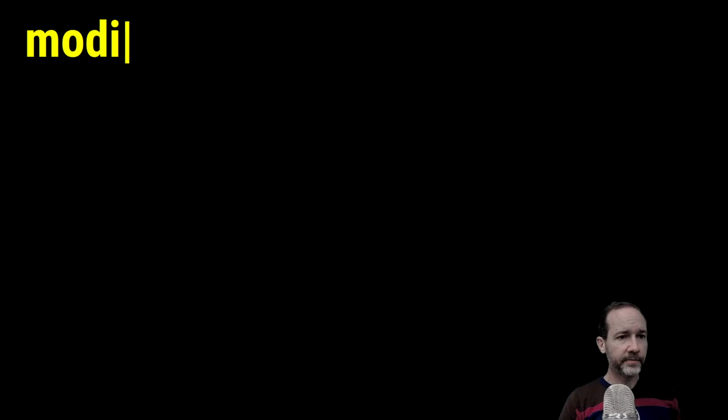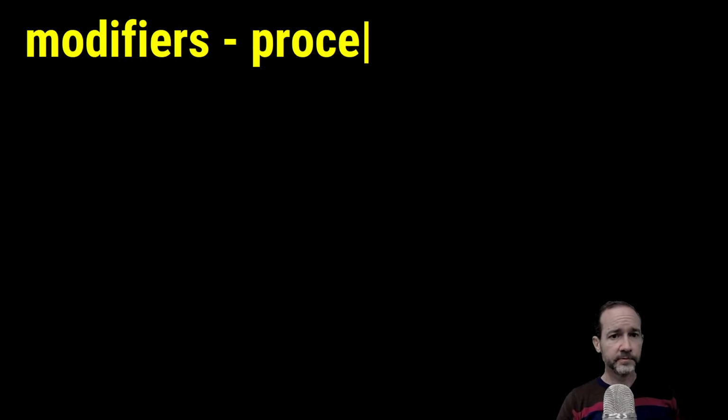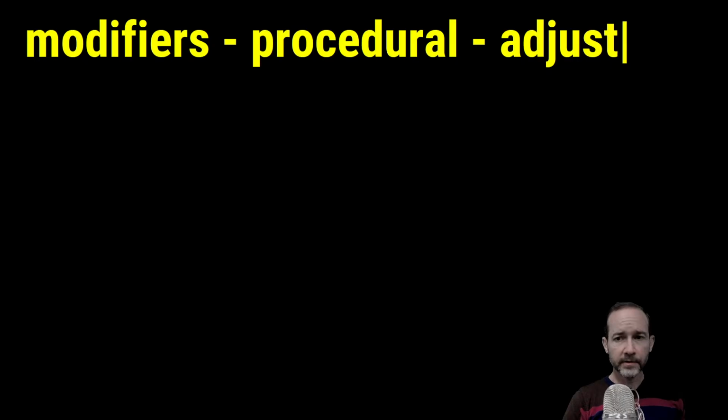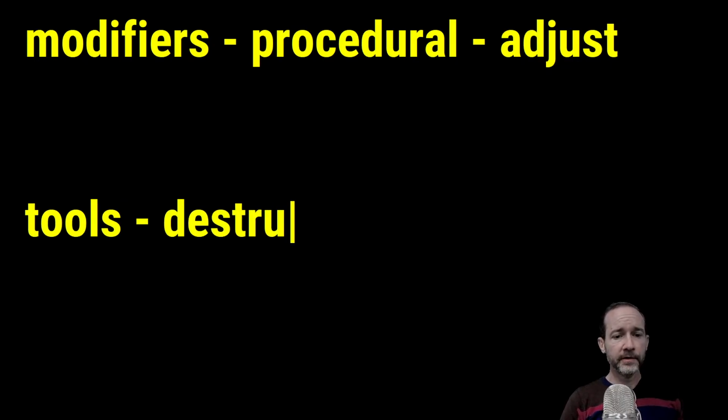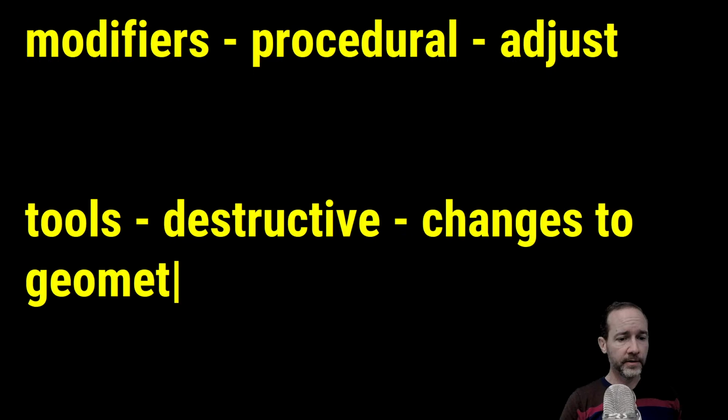There we go. Modifiers, procedural. You can adjust them throughout the process. And tools are destructive in that they make permanent changes to the geometry or the topology.